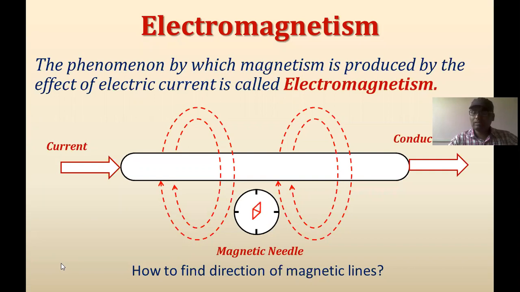It means that the direction of the magnetic field produced around the conductor totally depends upon the direction of the current. Then how do we find the direction of these magnetic lines of force? For that, one rule is given, called the right hand thumb rule.